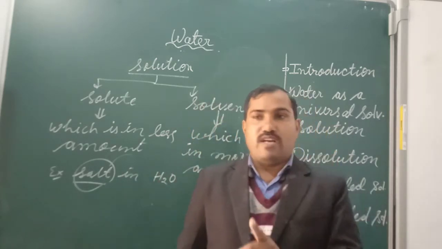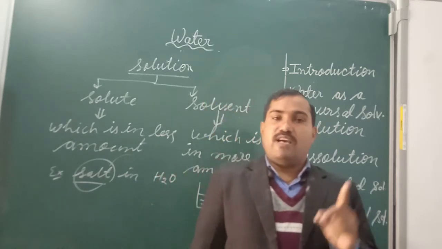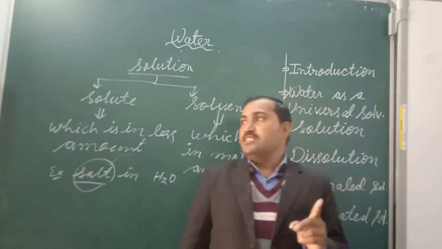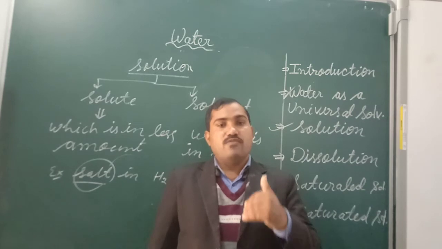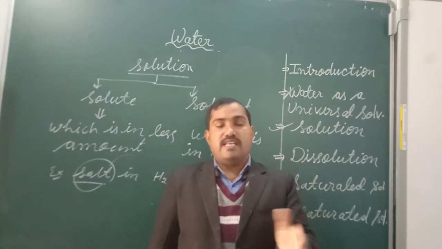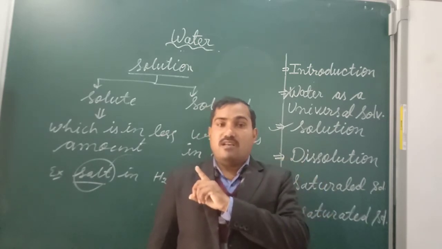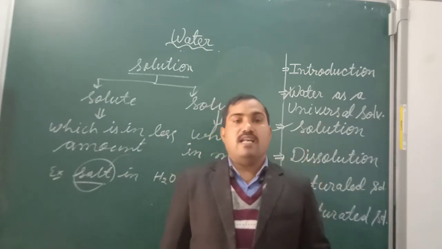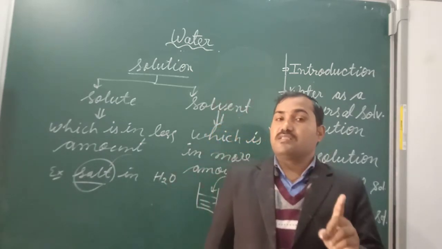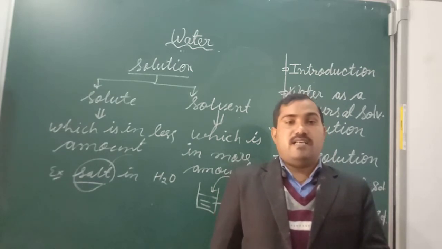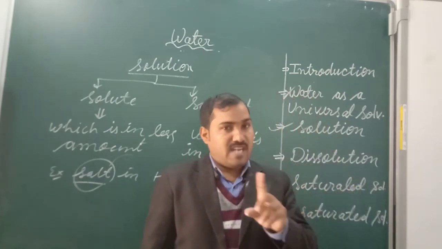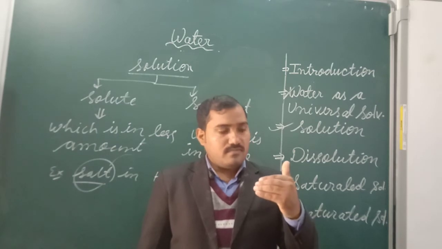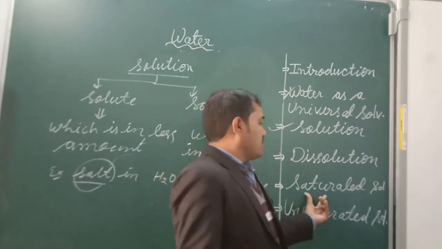This is the main point, because as the temperature varies, the dissolution process varies. If the temperature increases, the dissolution process increases. So for the saturated state, you have to say at a given temperature. The temperature should remain constant to get the saturated solution. Understood, my dear?